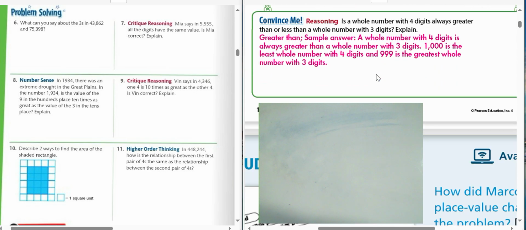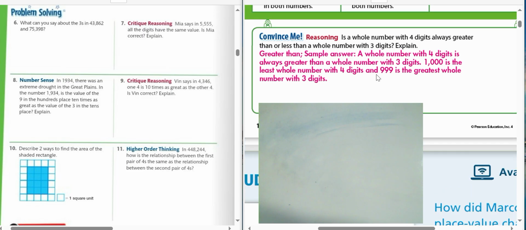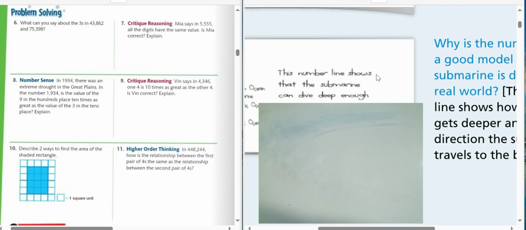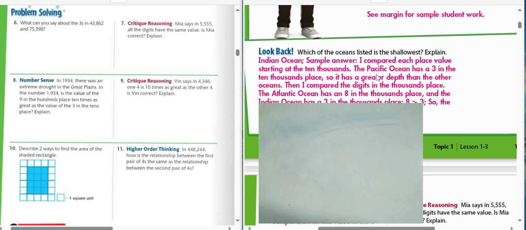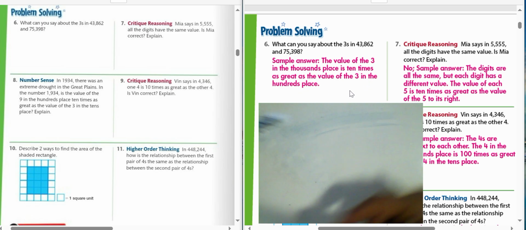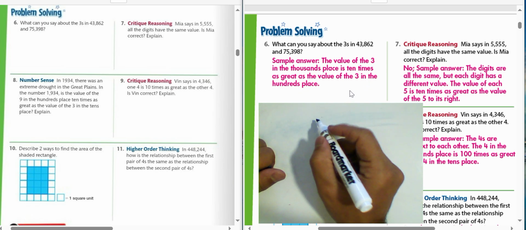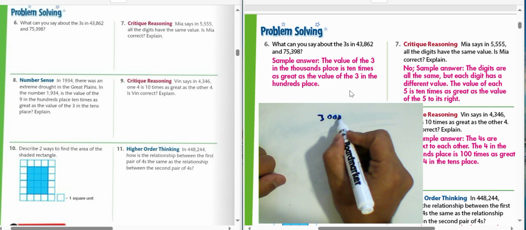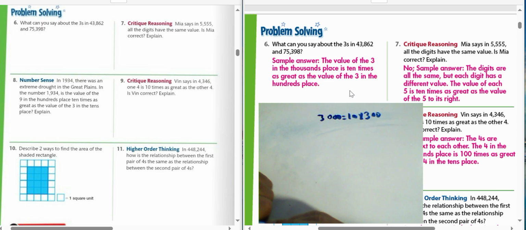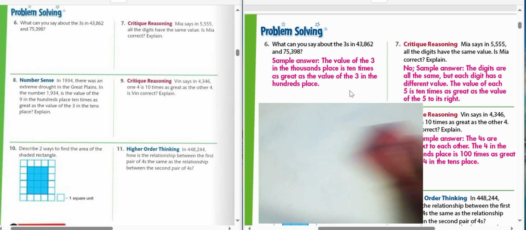Then you can write the answer here about question number 6. The value of digit 3 in the thousands place is 10 times as great as the value of the 3 in the hundreds place, because the value of digit 3 here is 3,000, and 3,000 equals 10 times 300.